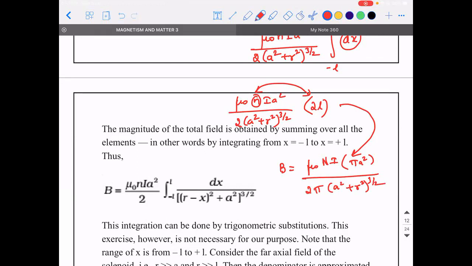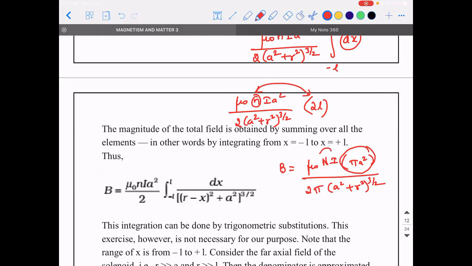Now, what is this pi A square, guys? What is this pi A square called as? Area of circle. Area, right?